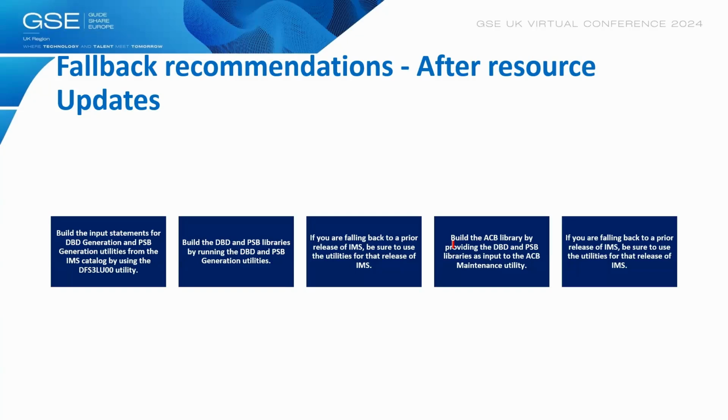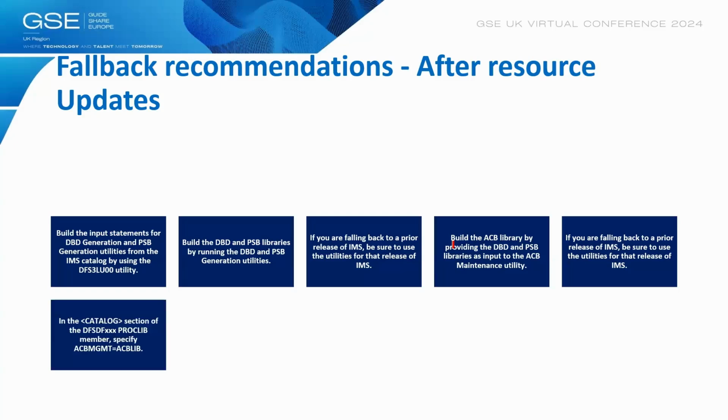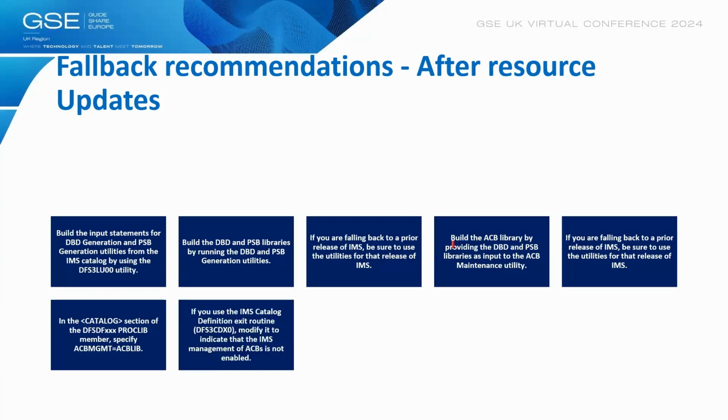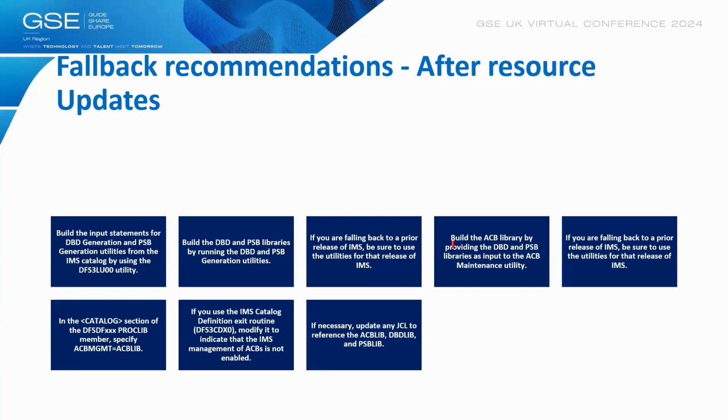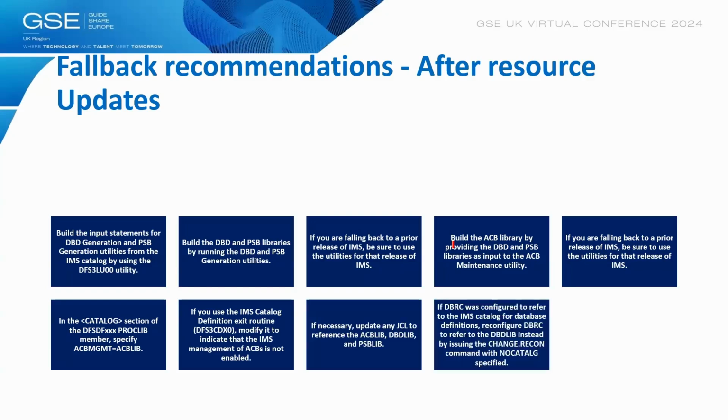After this step, you are sure that your ACB lib is in sync with the IMS directory, and now you have to follow the same steps that we followed for the earlier scenario: updating the DFSDF member, getting the definitions right in the catalog definition exit, making any necessary changes to the JCLs referencing the DBD libs, the PSB libs and the ACB libs, and making the changes to the DBRC definitions.